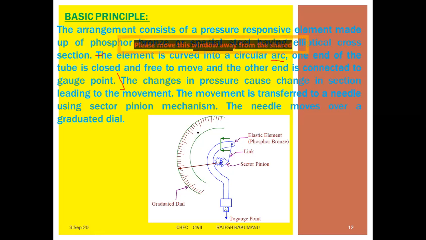At the center you have a fulcrum, a sector, a link. You have a probe, because you have a separate gauge point where you press any object, or if you are doing any inspection, this rotates, this pinion rotates along with the sector, and this will gradually give the reading.